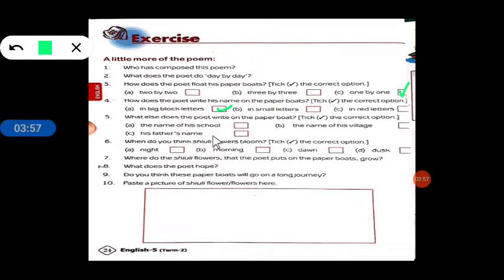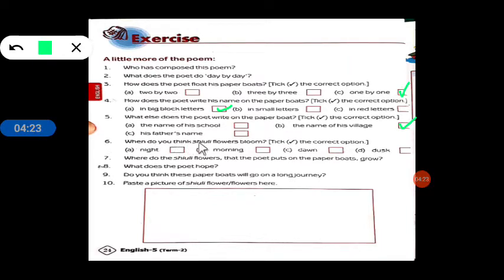Option B, the name of his village, is the right one. So he writes his name in big block letters, and also his village name on the paper boards.